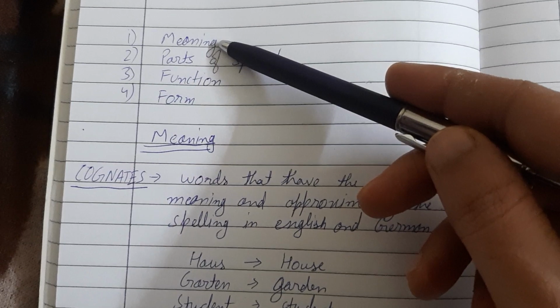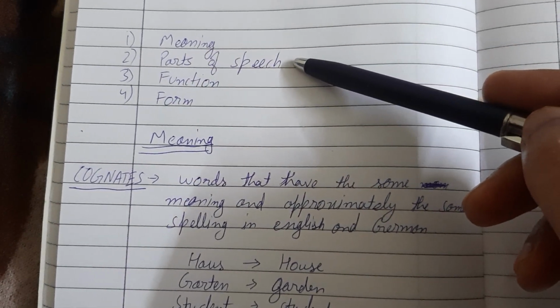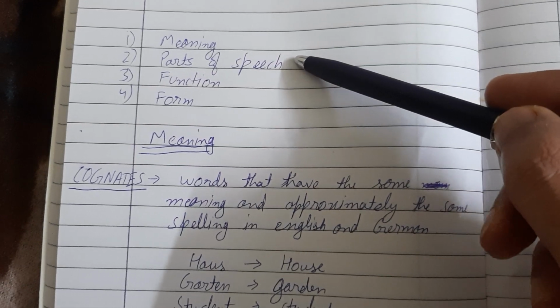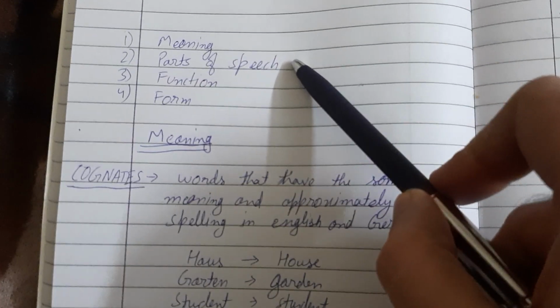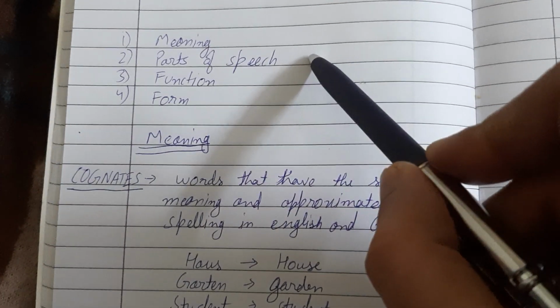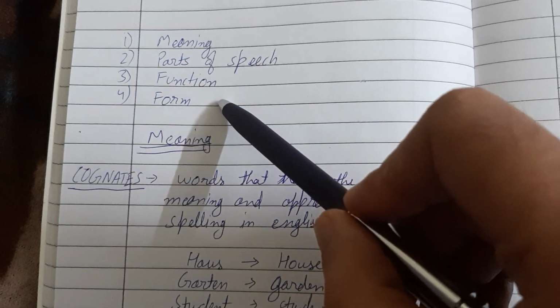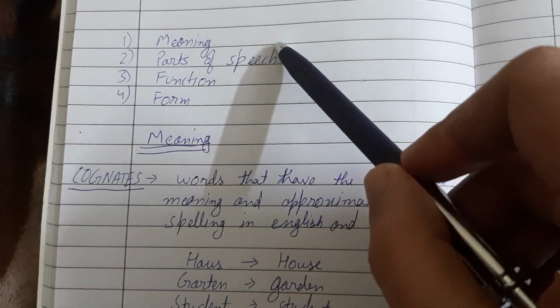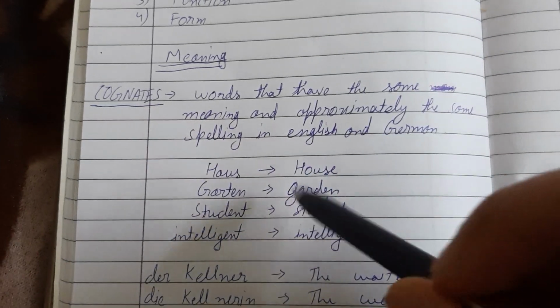First we have to look at the meaning of the word. Then we have to see what part of speech it is, then the function of that word, and then the form of that word. So the first thing is the meaning of that word.